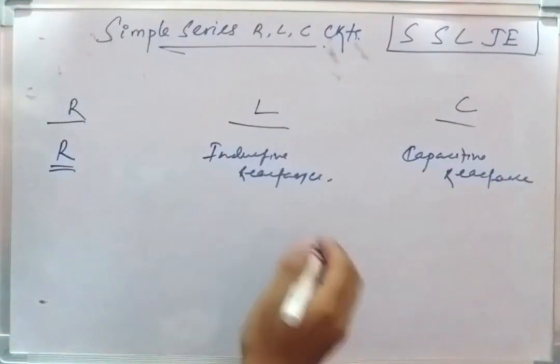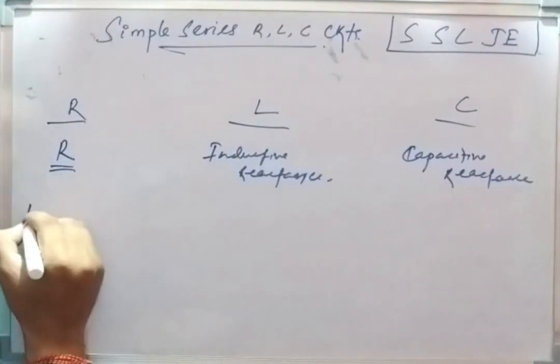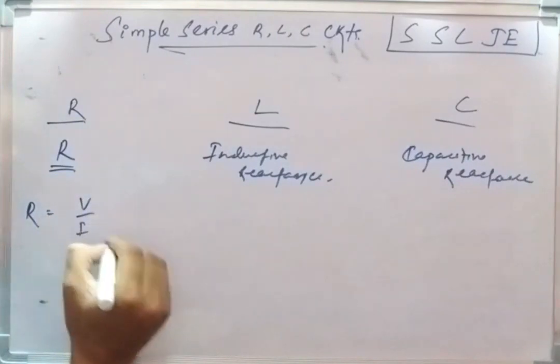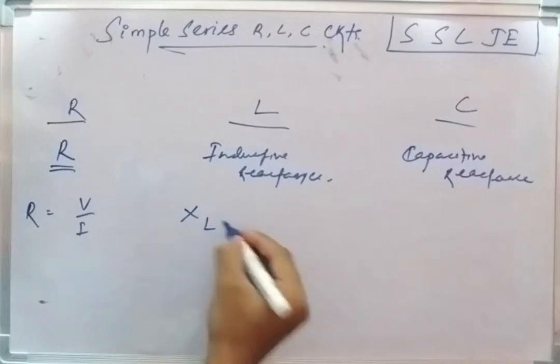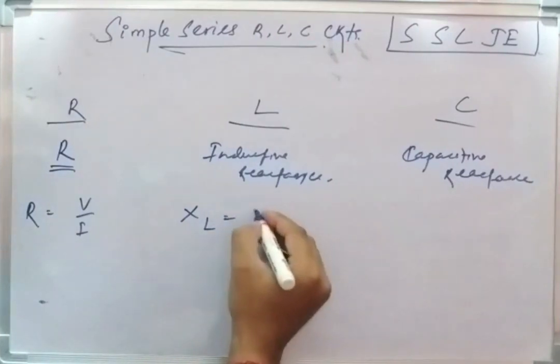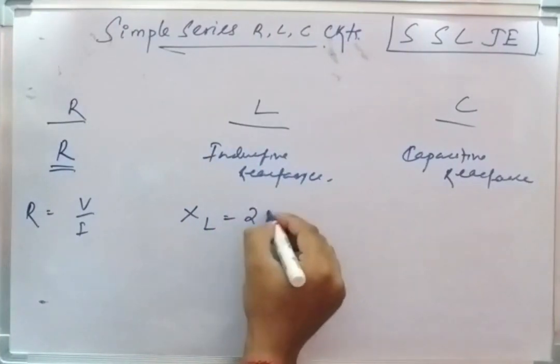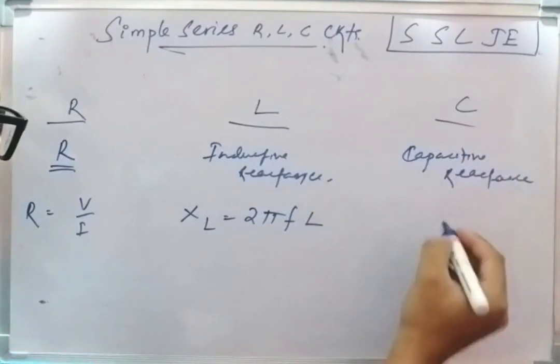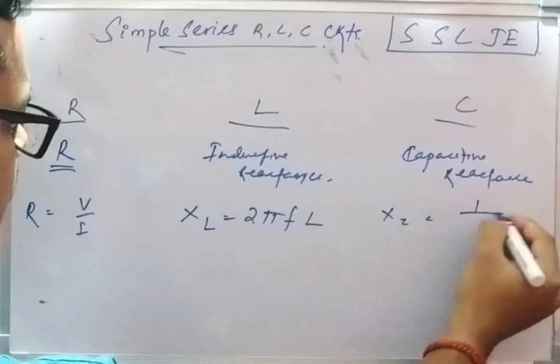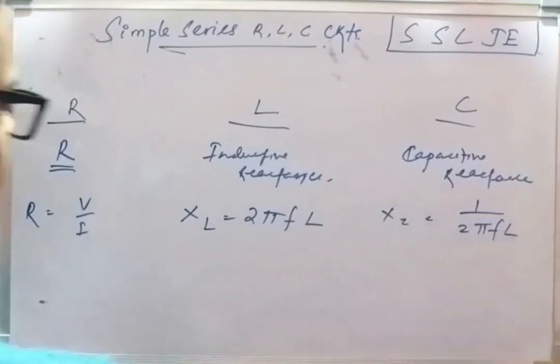Okay, so we can write R equals V by I. Here inductive reactance is written as XL, that depends on the frequency, 2 pi FL. Okay, and capacitive reactance we can write as 1 by 2 pi FC.